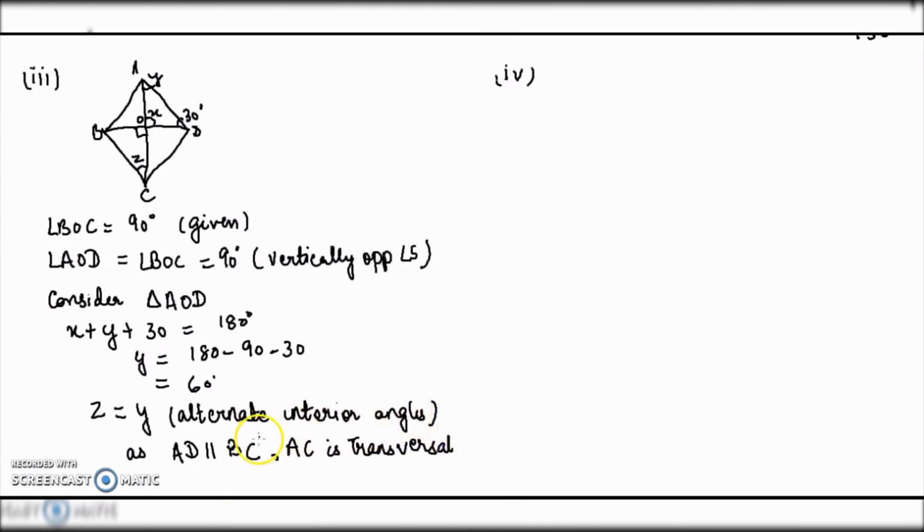All of you know the parallel line and transversal property. When two lines are parallel and a transversal intersects them, then the pair of alternate interior angles will be equal. Since ABCD is a parallelogram and opposite sides are parallel to each other, and AC, the diagonal, is one of the transversals, therefore Z and Y are equal by that property.